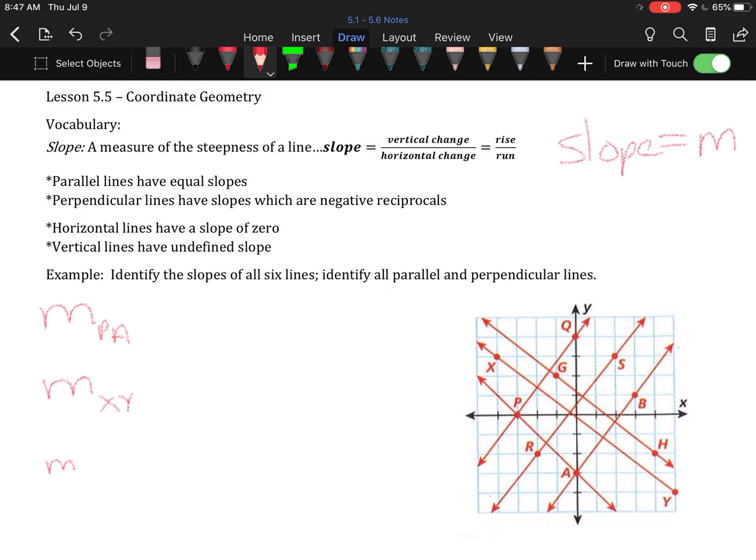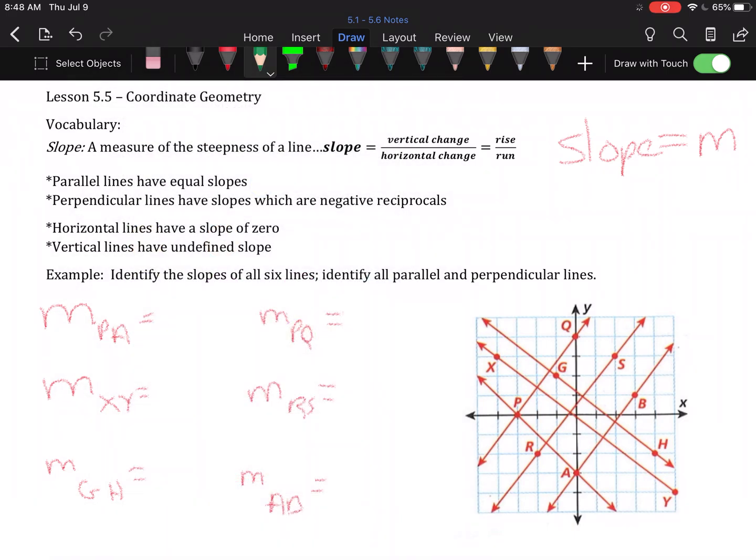There is a line GH. There's a line PQ. There's a line RS. And there is a line AB. Subscripts like this let you identify which line you are finding the slope of.